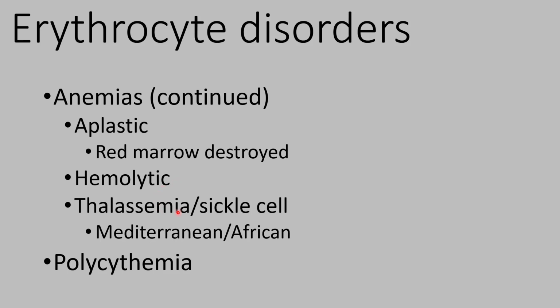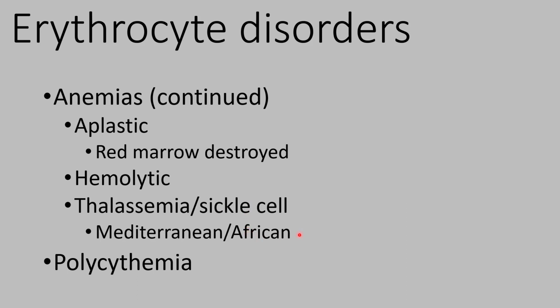Next, thalassemia and sickle cell anemia. These are similar. These are both genetic. They are both disorders that result in the hemoglobin molecules being misshapen. In sickle cell anemia, that misshapes the entire red blood cell so that it's kind of hook-shaped or sickle-shaped.